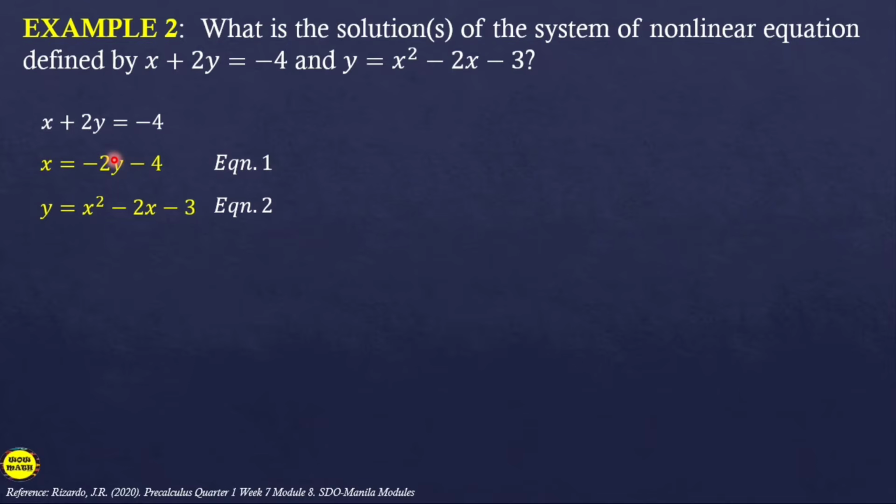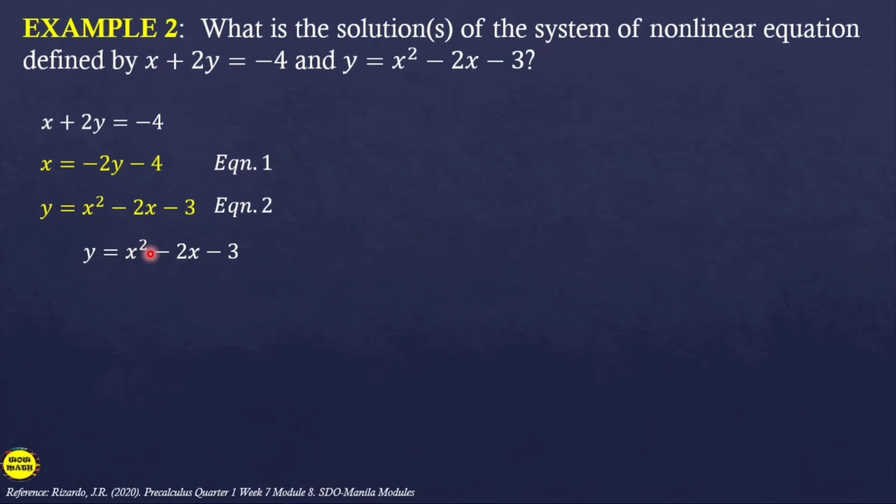So, nasa sa inyo kung paano nyo gagawin. So, meron kayong options naman. Dito sa video, ang gagawin ko, ang equation number 1, yung isa-substitute natin kay equation number 2.